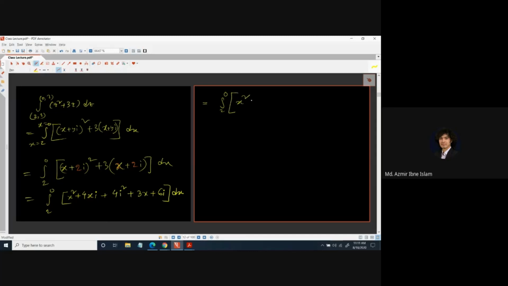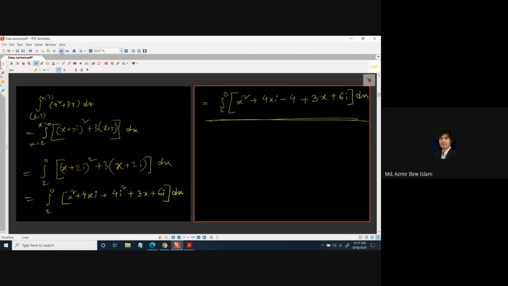Here we have x squared plus 4xi, and 4i squared, that is, it will be negative 4 because i squared, you know, is negative 1. So we have 3x plus 6i dx. Now, whatever integral we have here, that is only for x, or constant. So that means we can easily integrate this integral.